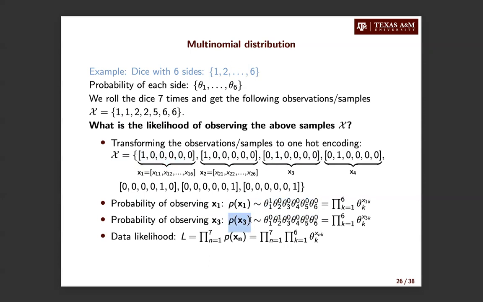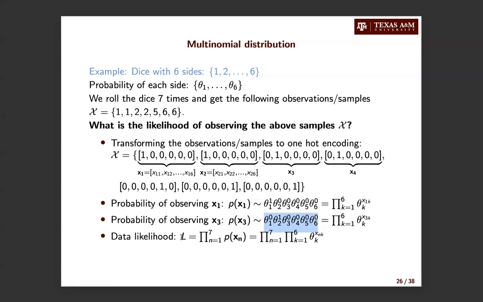Similarly, if we have the probability of observing observation x3, then we would have all the thetas raised to 0 except theta 2, which is raised to 1. And theta 2 essentially represents the probability of the second outcome. So that's the probability of observing a single observation, x1 up to x7.